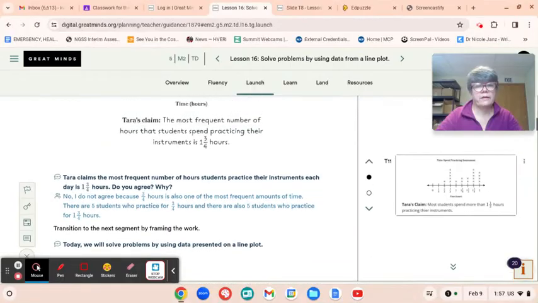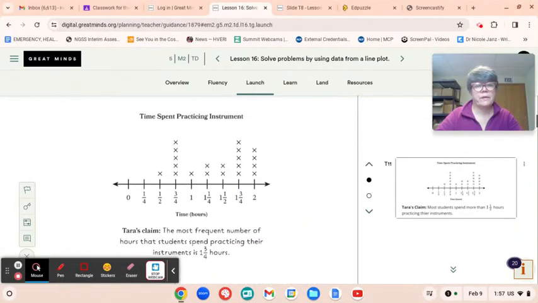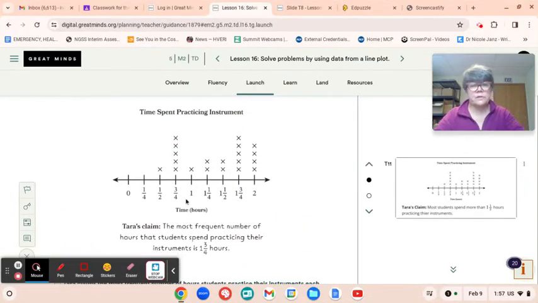Okay, here's another graph and another claim. Time spent practicing instruments. Tara's claim is that the most frequent number of hours that students spend practicing their instruments is 1 3/4 hours. So most frequent, that would mean that's the one that's happening most often, right?